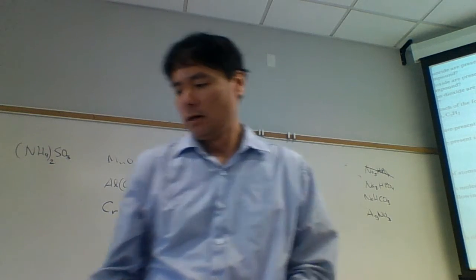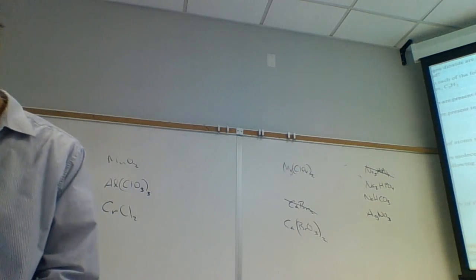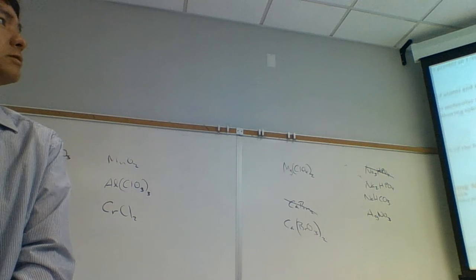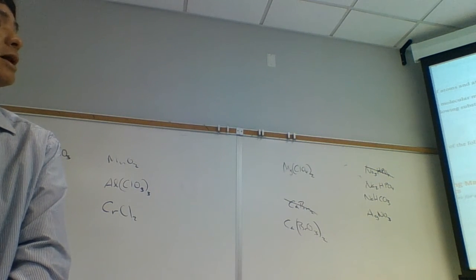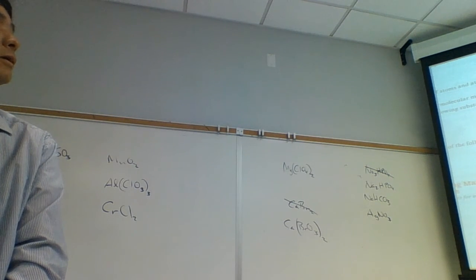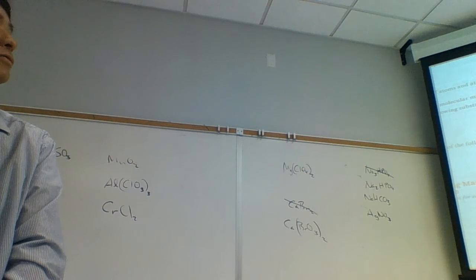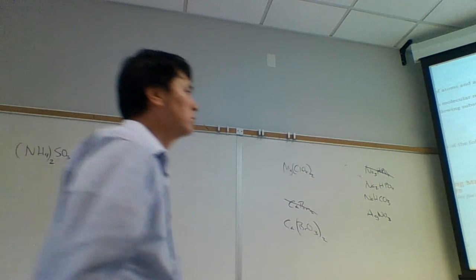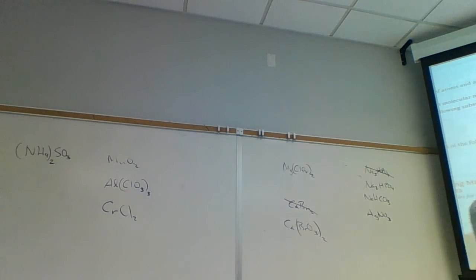A lot of these are kind of repetitive questions. For example, this next series asks to convert to atoms, molecules, or formula units using Avogadro's number. What we do here is grams to moles, and then moles to number. So it's two conversion factors.